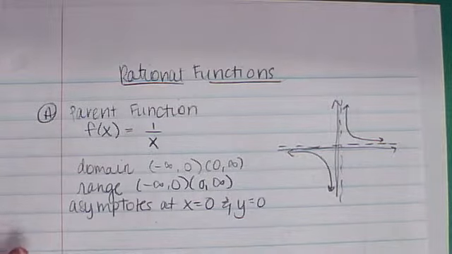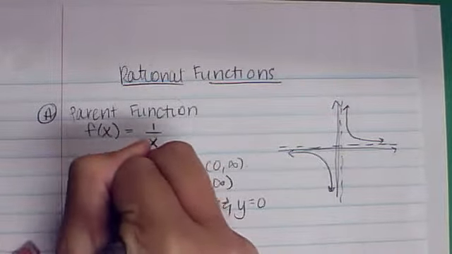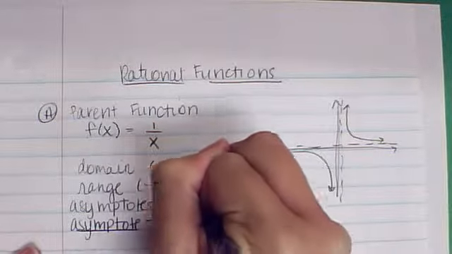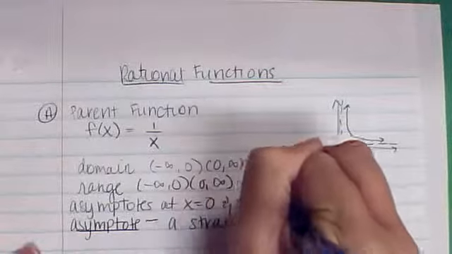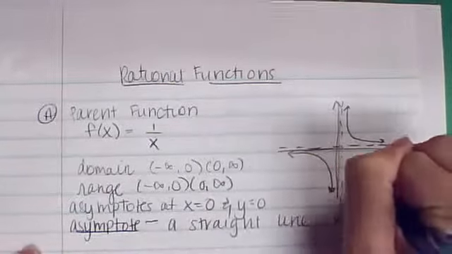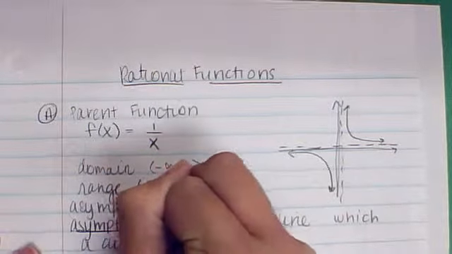Which brings me to the next point, the definition of an asymptote is a straight line which a curve approaches but never touches.